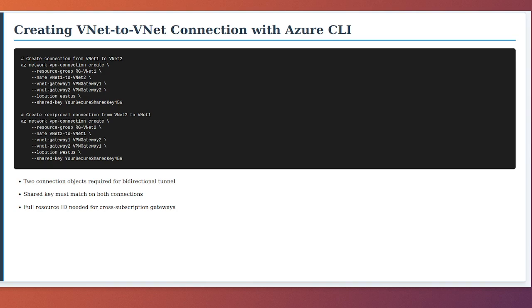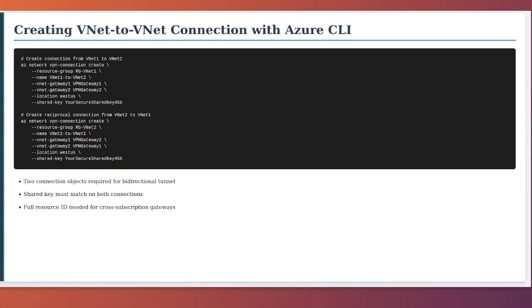The vnet-gateway1 parameter now references VPNGateway2, as this is the local gateway from VNet 2's perspective. The vnet-gateway2 parameter references VPNGateway1. The location is West US, matching VNet 2's region. Critically, the shared key parameter must use the exact same value as the first connection, YourSecureSharedKey456.